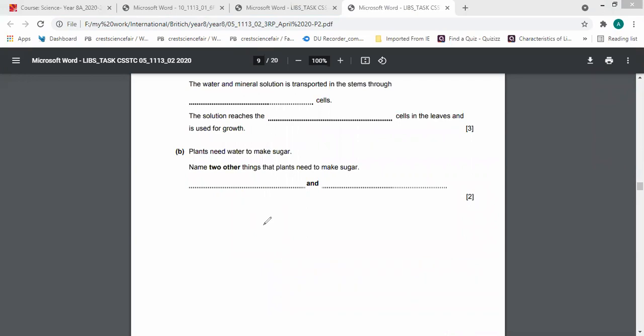Plants need water to make sugar. Name two other things that plants need. It's about the materials required for the photosynthesis process. Water and what? Sunlight and carbon dioxide. We can say sunlight. We can say carbon dioxide. We can say chlorophyll.